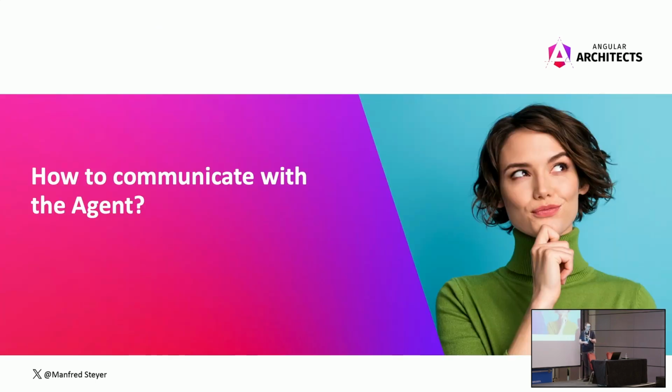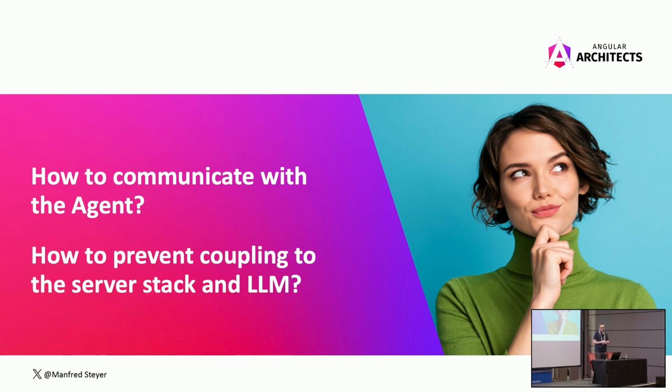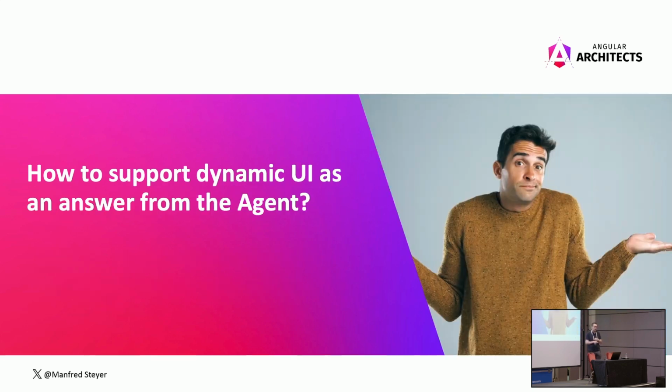When we have a system like this, we usually quite quickly come up with some questions like, how does the client communicate with the agent in the backend, and how to prevent coupling to the server stack and the LLM in the backend. And the further question is how to support dynamic UI as an answer from the agent. And this is what I want to discuss here a bit more in depth.